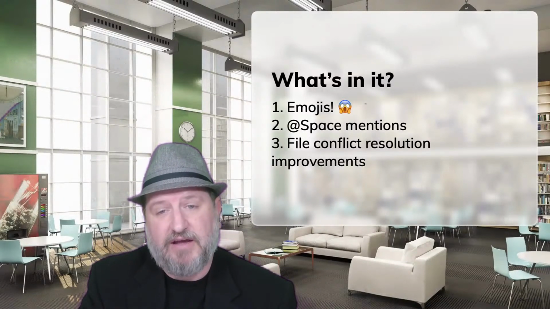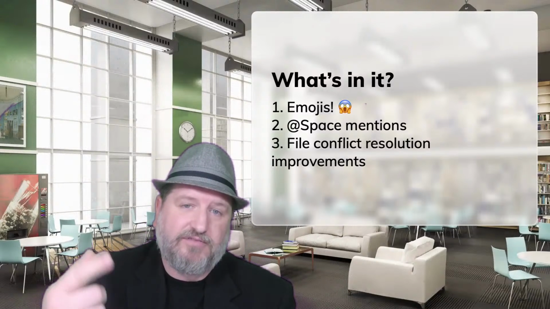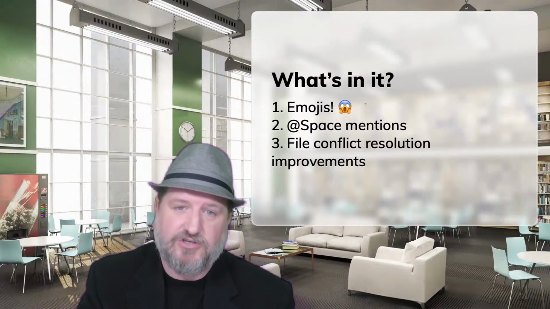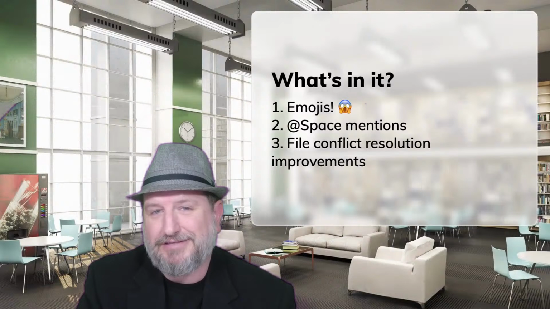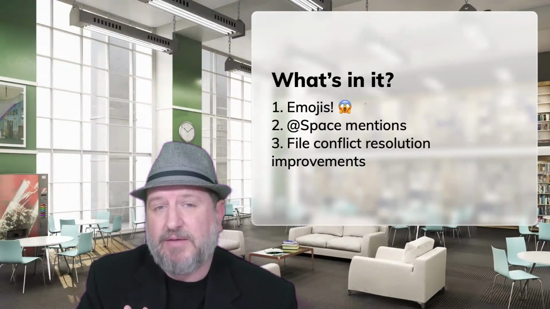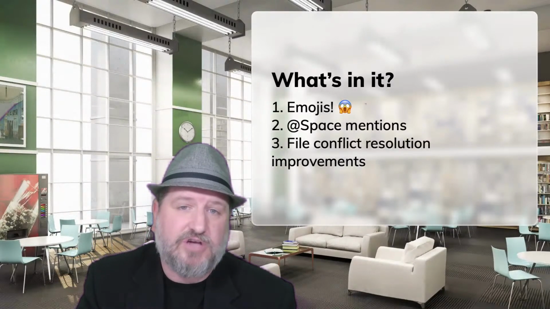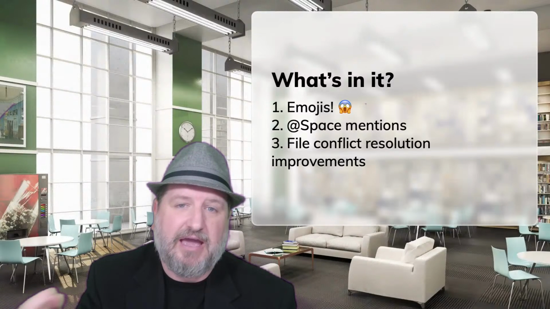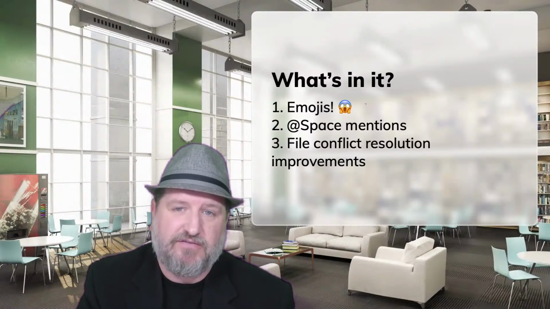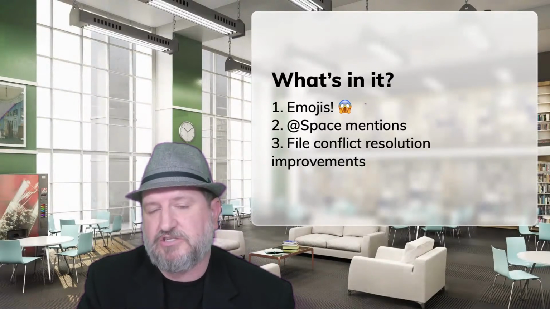And then you can go into the file details and you can see all of the different versions. We have unlimited versioning, which is kind of a core thing that SpiderOak does. So you're able to go in and resolve those conflicts by looking at various saved versions of a file, merging the changes that you want.